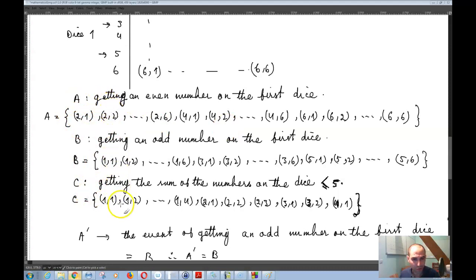When we say mutually exclusive, that means that you have to show that the intersection of A and C is the null set.